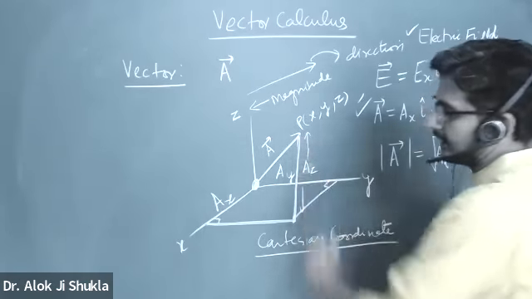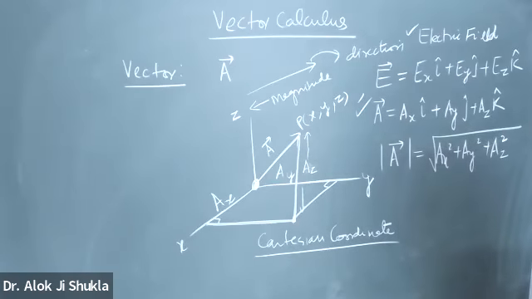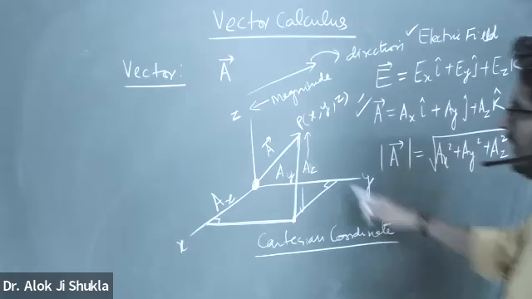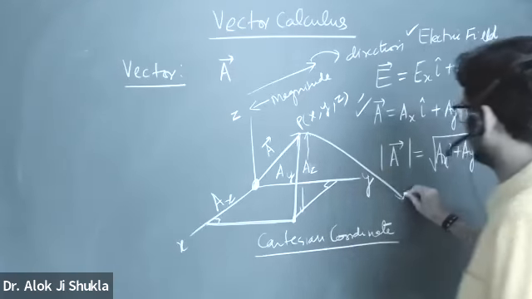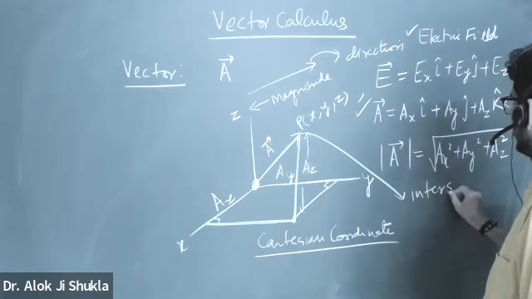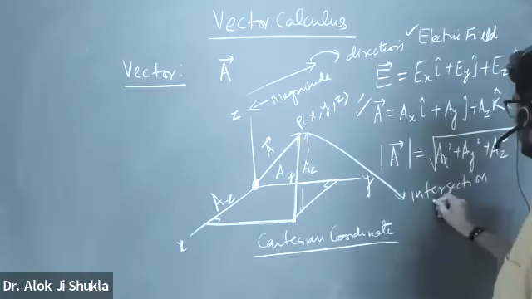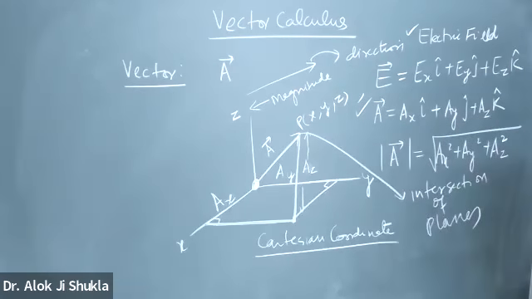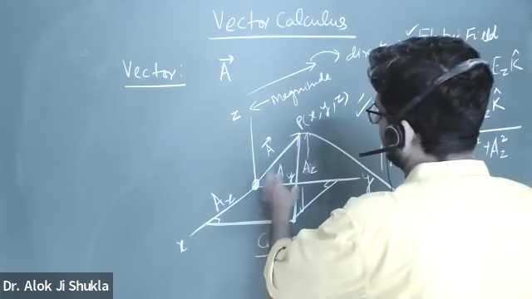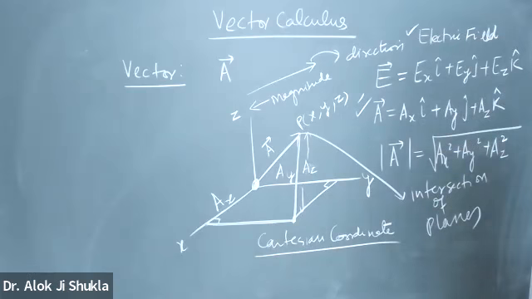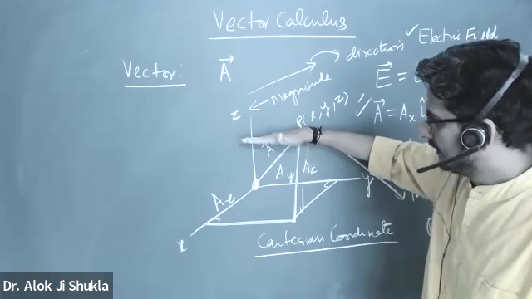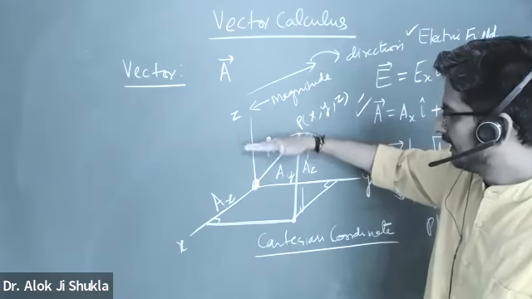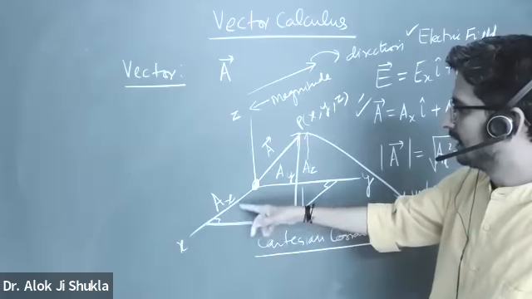This point is represented by planes. So this point is actually the intersection of planes. How? Make three perpendicular planes passing through here. One is about the z axis, one about the x axis, and one about the y axis.